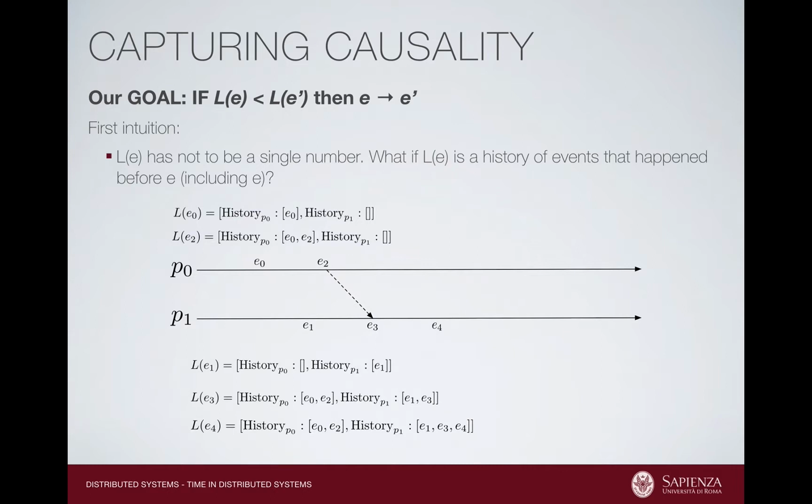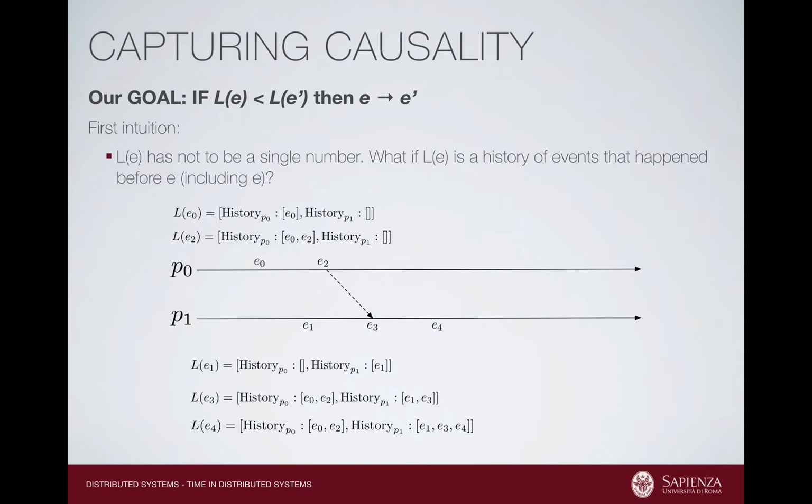In this case, for event E0, the timestamp of E0 contains a history for P0, the history of events that happened on P0, and this will be a list that contains just one element, E0, because no event on P0 happened before E0, so E0 is the first event. Remember that we include the event itself in the things that causally created it.